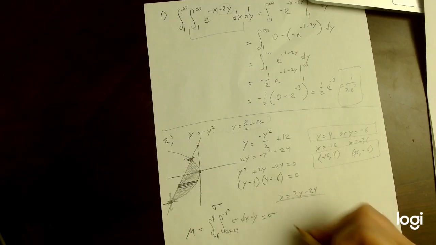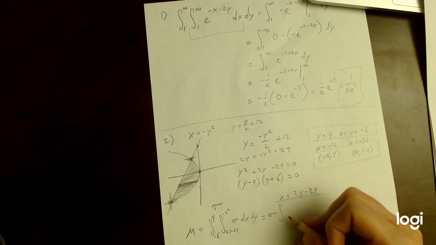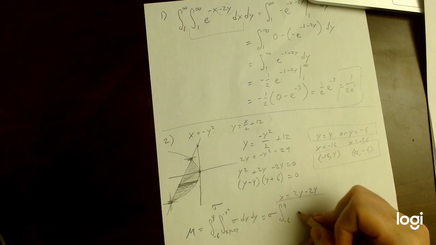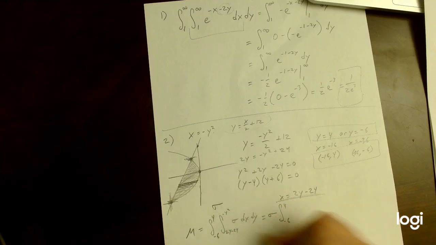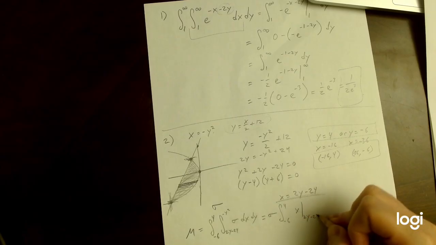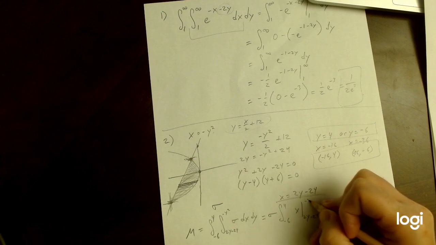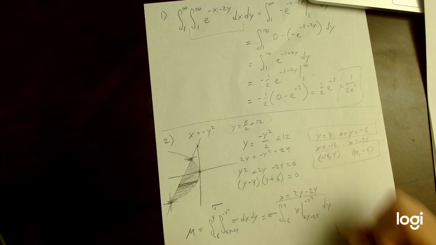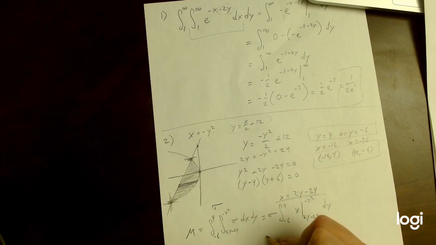You can plug sigma out front and say minus 6 to 4, and then we don't have any x here, so I can just say this is x evaluated at these two limits. Like so.